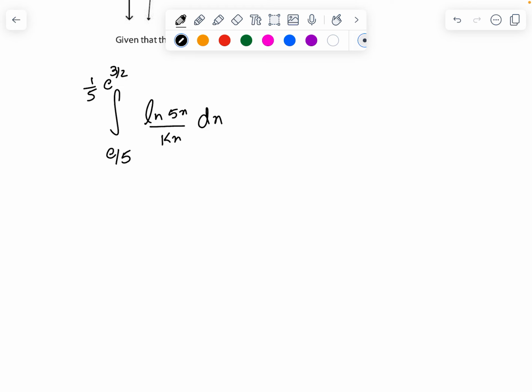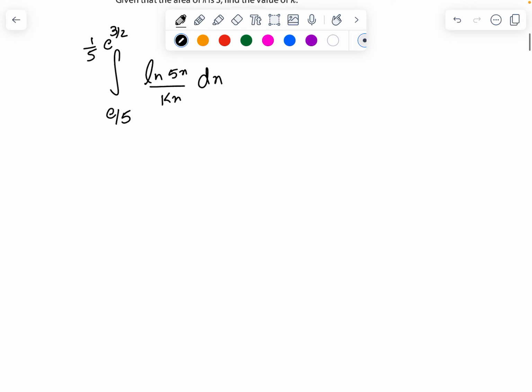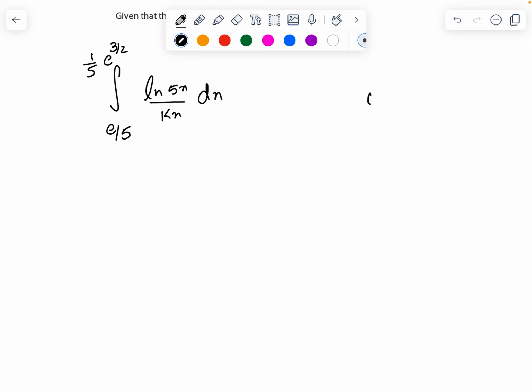This is the area. Now I am going to do the substitution. U equals ln 5x. So du equals 1 upon 5x times 5 dx. So du equals 1 upon x dx.